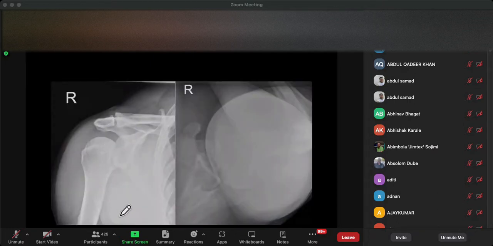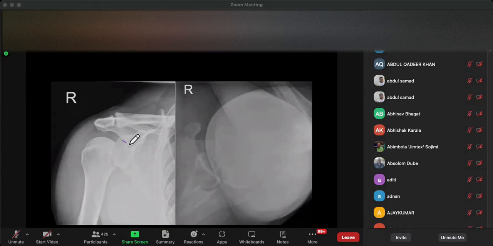Trauma. Yeah, posterior dislocation. So there's a loss of parallelism.